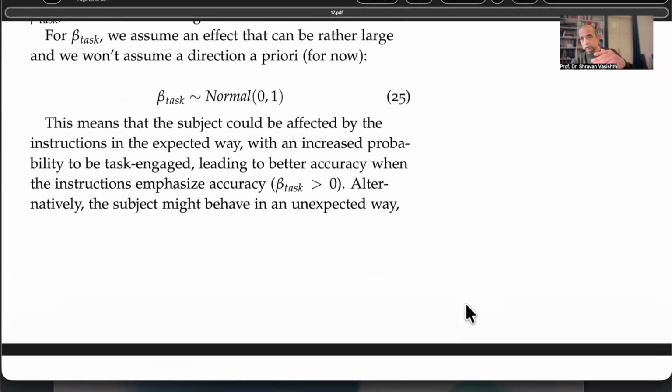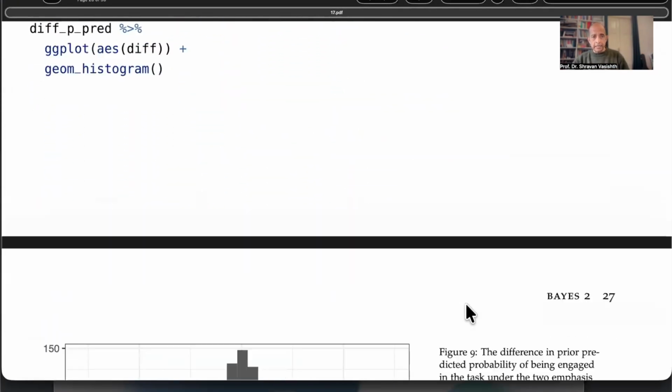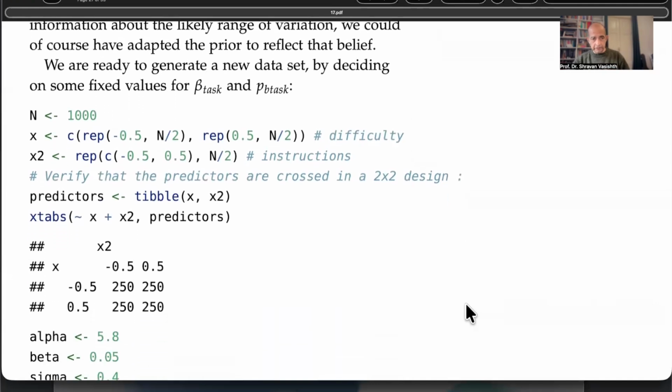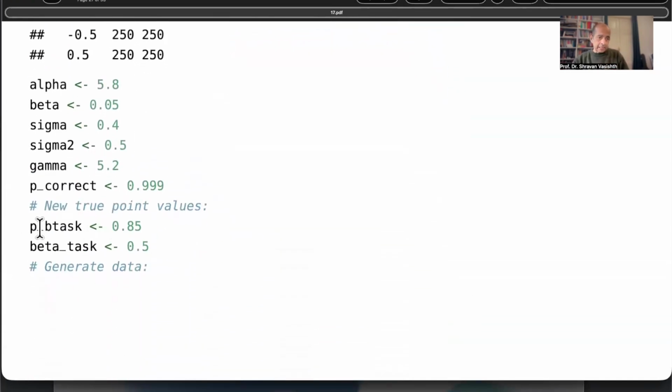So just work systematically and slowly and internalize every addition to the model design. I know that it's complicated, but eventually you'll be able to internalize it. Okay. So that's that. We are setting up the probability of B task here at 0.85. And then the beta task is set at 0.5.